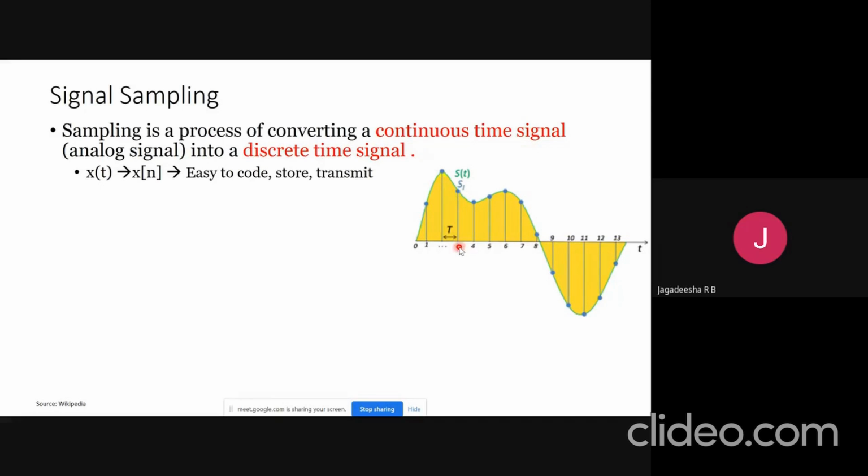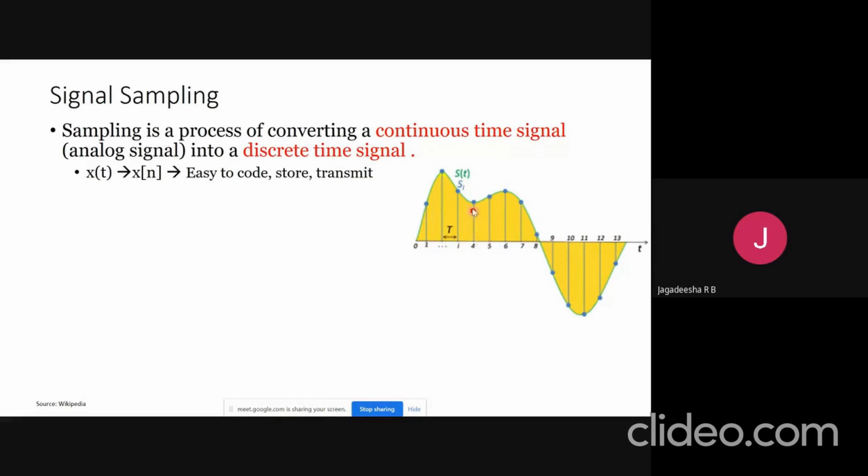That continues along the time axis. Instead of observing the amplitude or value of the signal for every minute time instant, we restrict our observation to selected instants of time. What's the value at 1, at 2, 3, 4, and so on?